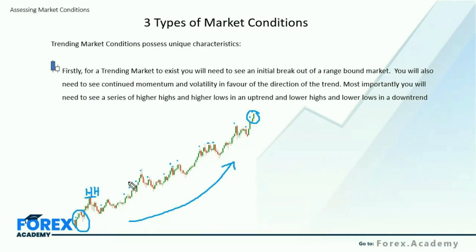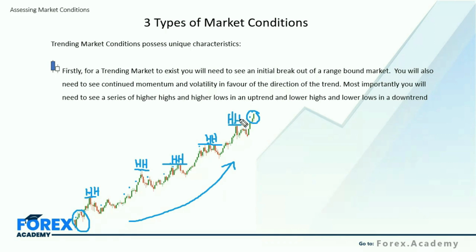And as you can see, as the market moves up in favor, we get to experience a higher high, and this happens on numerous occasions. So these highs are actually higher than the previous highs. And this is a classical definition of a trend where you constantly see a series of higher highs back to back.